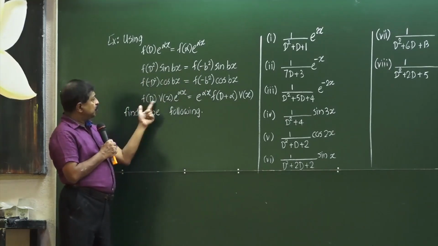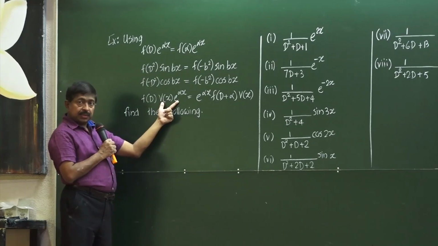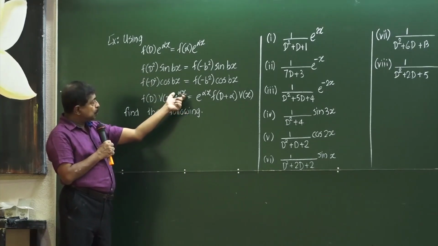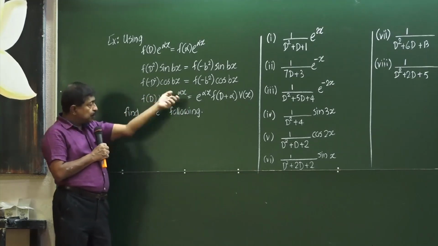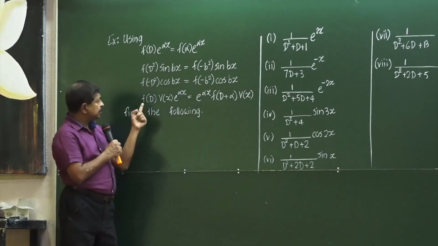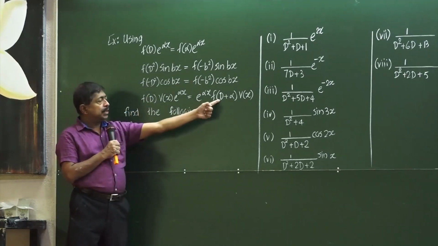And if you have a product of two functions where one function is an exponential, you can pull out this function all the way from the operator and write it here. If you do that, you have to change D to D plus alpha.